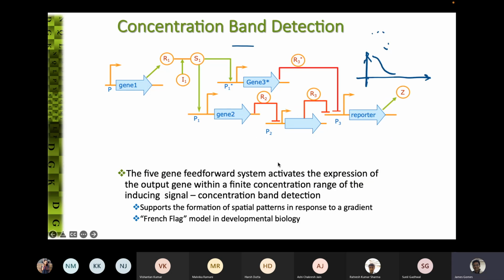So what you see here now is that there is another thing that happens. This is a concentration band detection. Now this French flag kind of logic gate, as they call it, is predominantly found in developmental biology.